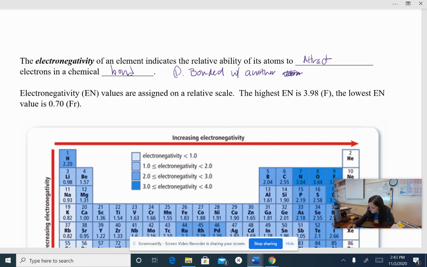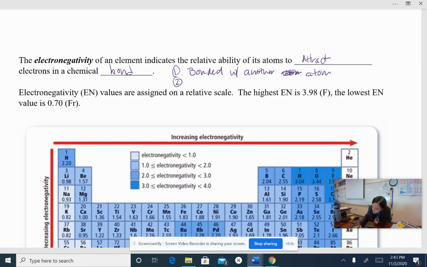Oh, atom's not spelled with 2 T's, it's spelled with 1 T. And then we're going to compare the attraction of the atoms in that bond to the electrons that make that bond.